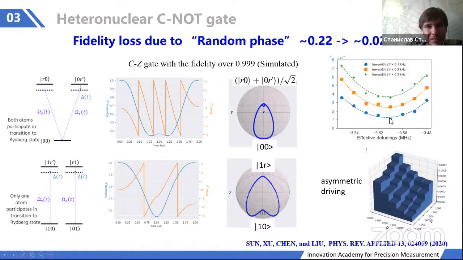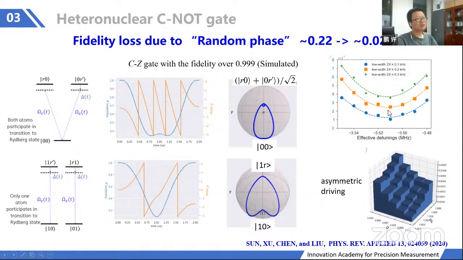Because this is on resonance. This is on resonance because you see it is at some -3 megahertz, because you need to compensate for the AC Stark shift of the 780 nanometer laser.